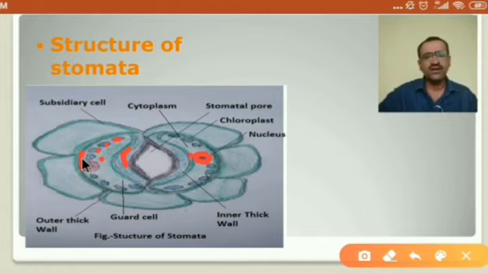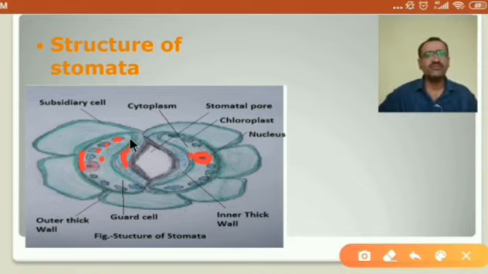Due to the thickness and non-elasticity of the innermost wall, after endosmosis the stomata open, and at the time of exosmosis the stomata close.